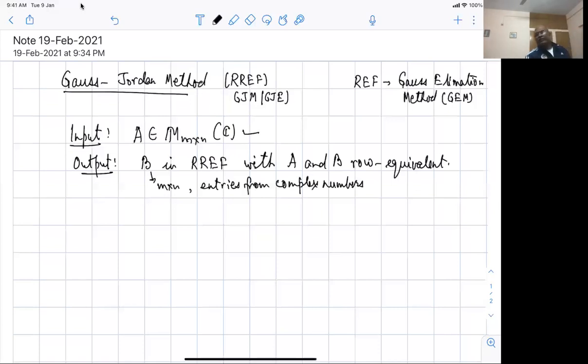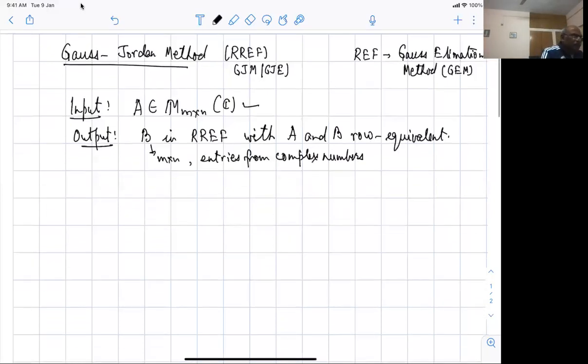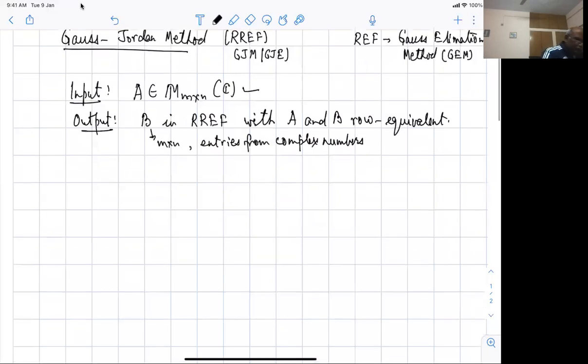But the important thing is that B is in RREF and A and B are row equivalent. So this is the input, this is the output.